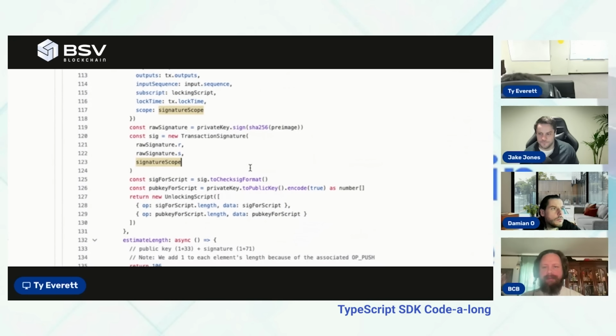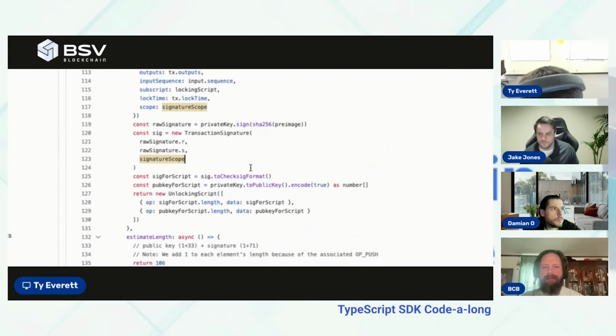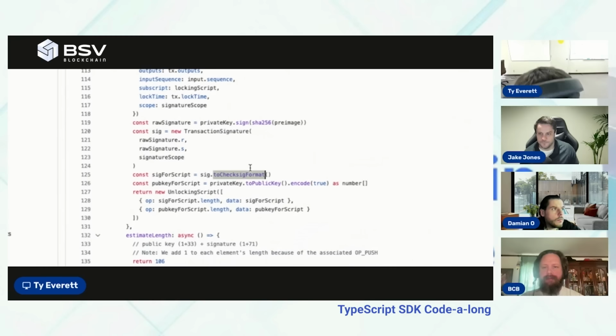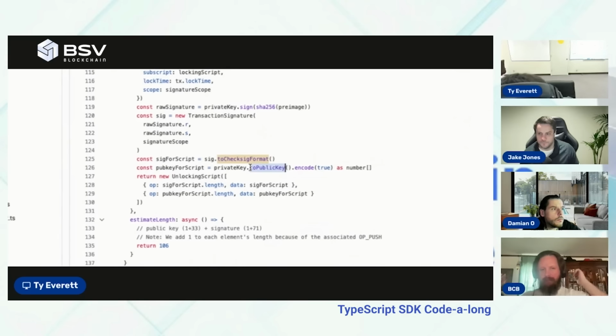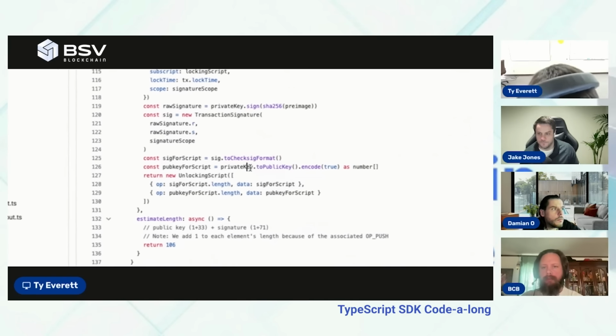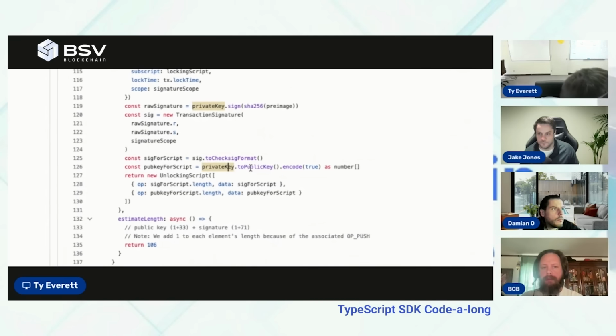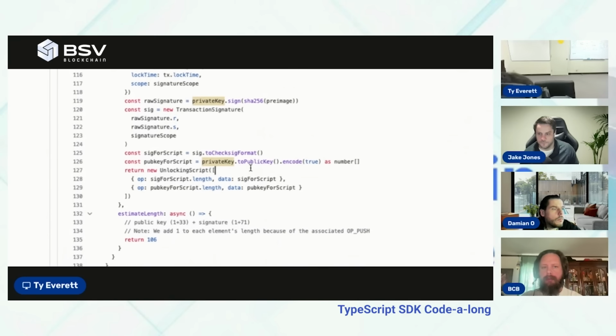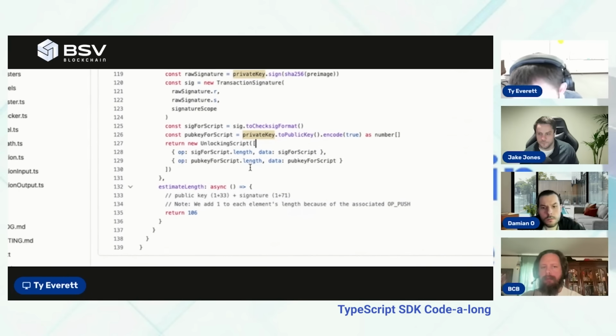And then you basically just compute the checksig format of that signature so that you can drop it in as a script element. You compute the public key from the private key, and then you just create your unlocking script, right?